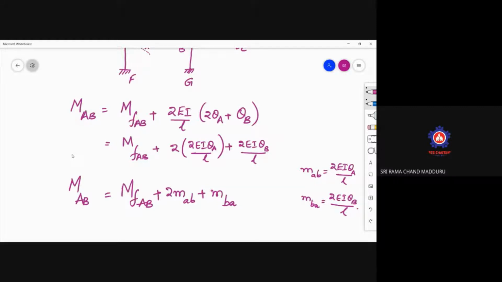So this is our equation from slope deflection. We have assumed small MAB is a rotational moment.